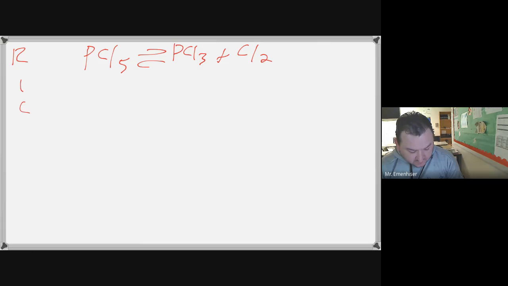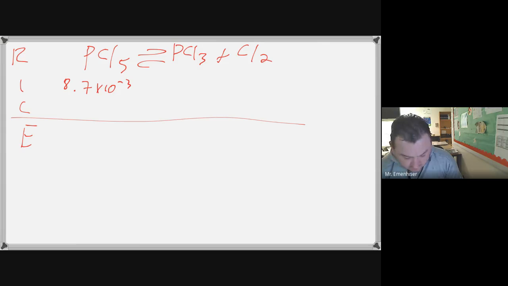Okay, so here's our reaction. PCl5 will break down to form PCl3 plus Cl2. Let's do our RICE table. 8.7 times 10 to the minus 3. 0.298 and 0 of that.